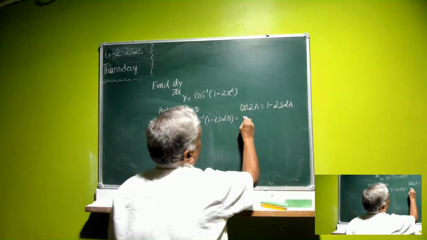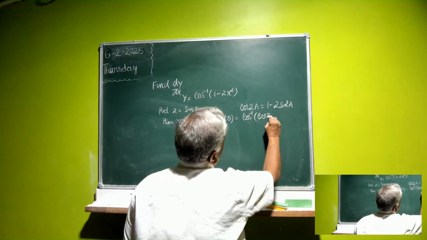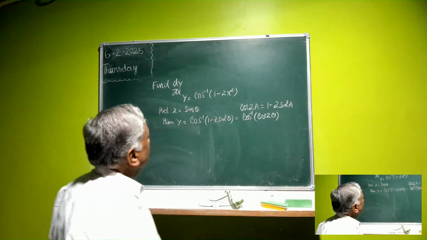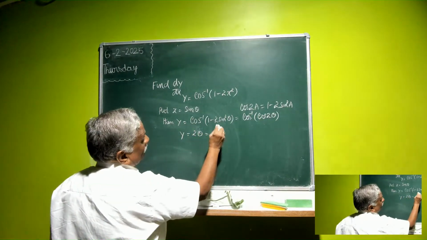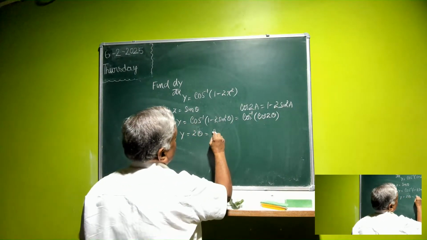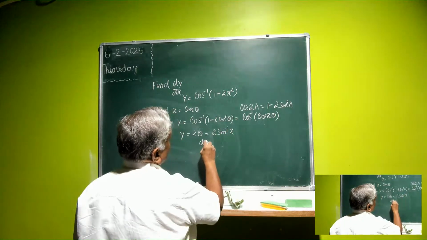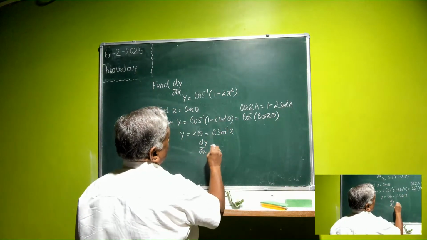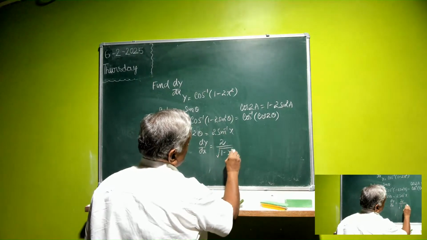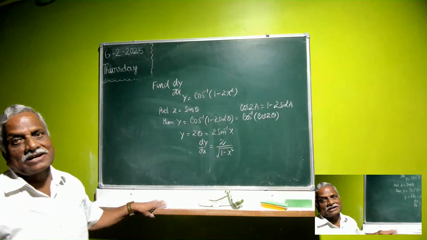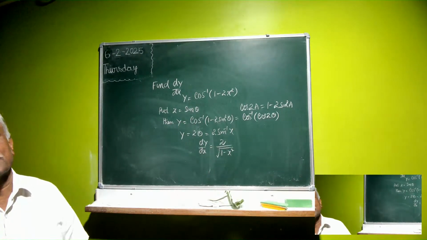That is cos inverse of cos 2 theta, that is 2 theta. But what is theta? Theta is sin inverse x. So what is our answer? dy by dx is equal to 2 over root of 1 minus x square, because 2 is a constant and the derivative of sin inverse x is 1 over root of 1 minus x square.